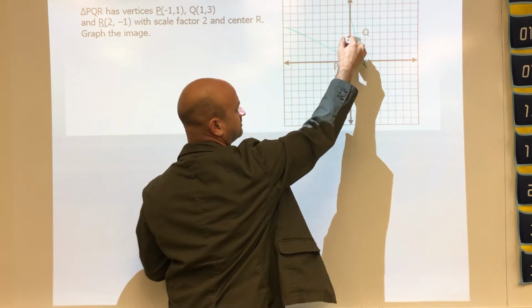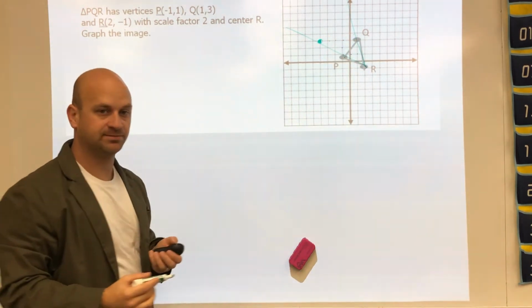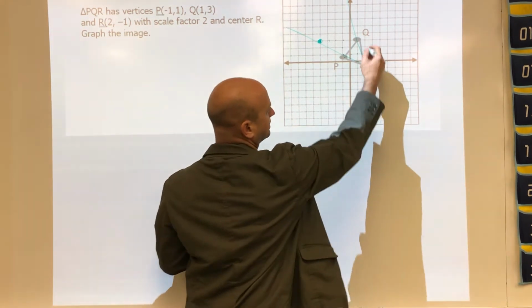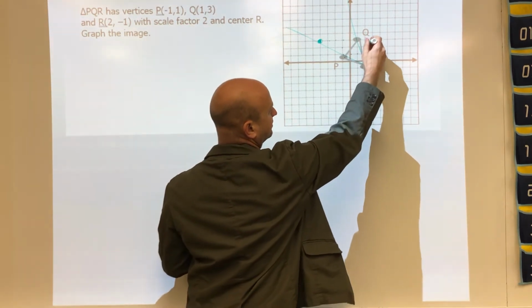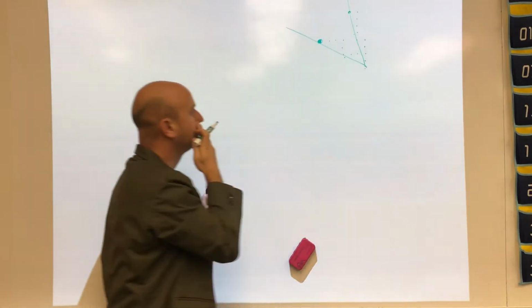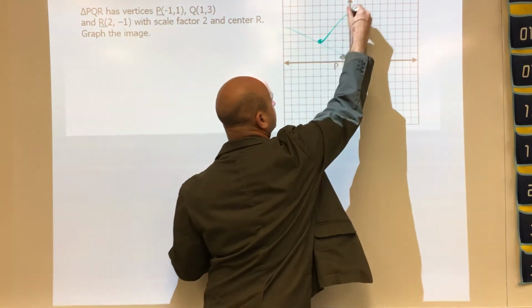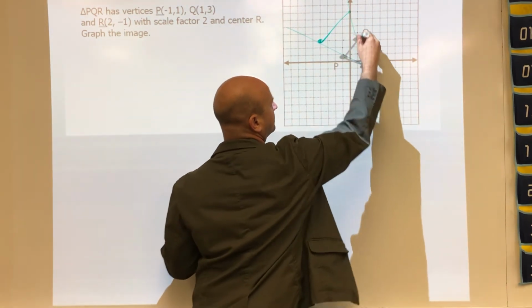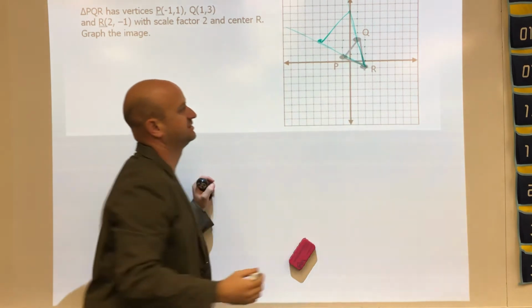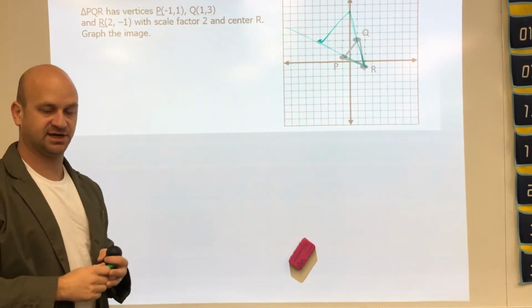So that means if we go up 2 and left 3 again, that would be our P prime. So here we go up 4 and over 6 to the left. And that would be the result. So we would draw that line and then draw those lines there. And so that would be the image scale factored at 2.